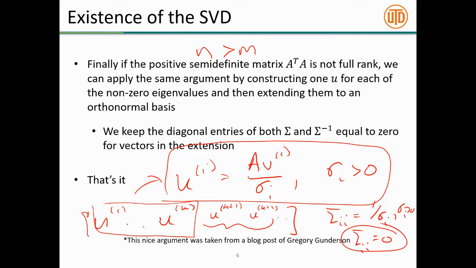I don't want to go into that so much. If you've taken linear algebra, you've probably seen that. If you haven't, let's just take it as a theorem that you can extend any partial collection of linearly independent vectors to a full collection of linearly independent vectors for any n-dimensional space. Questions?